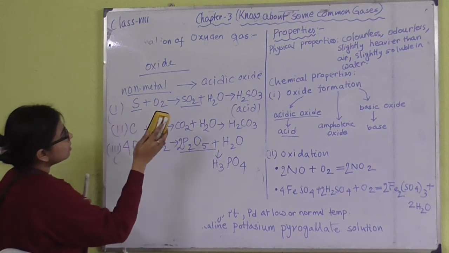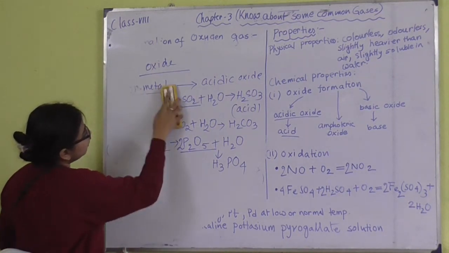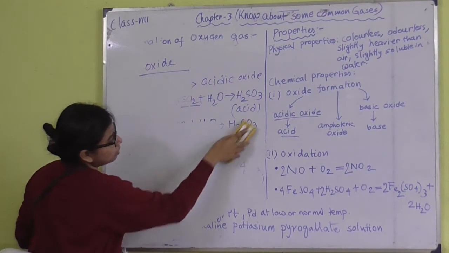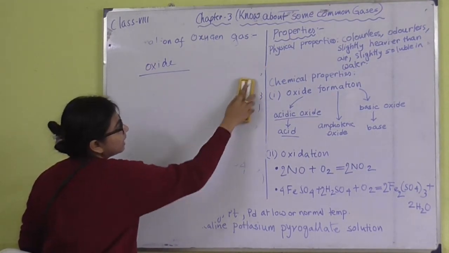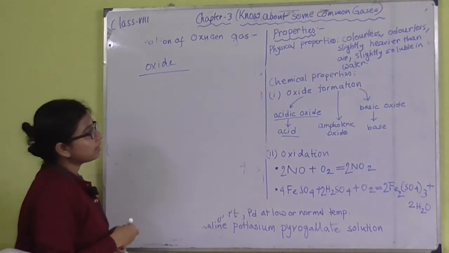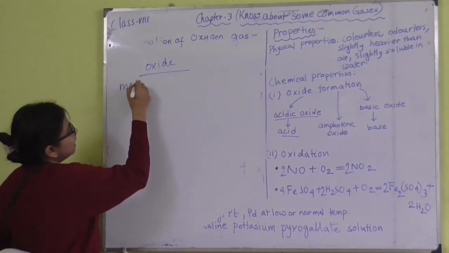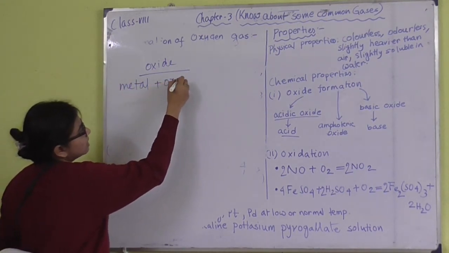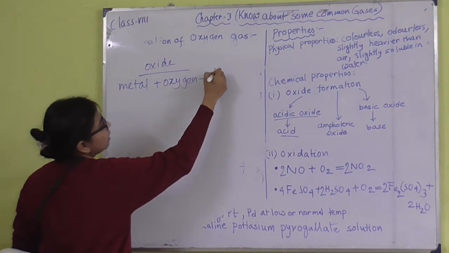Now, we have the second one, that is if we take any kind of metal, then what will happen? If we take any kind of metal like sodium, magnesium, calcium, then metal plus oxygen will give you basic oxide.